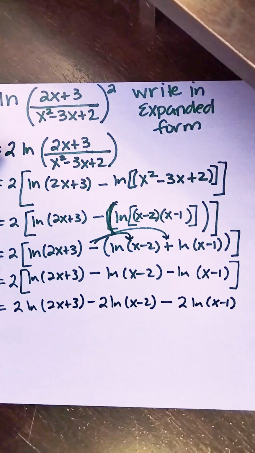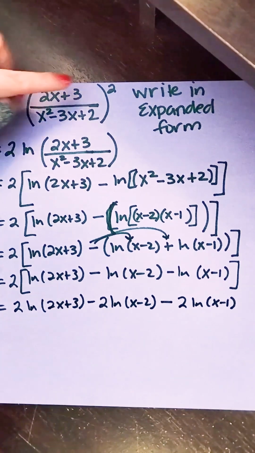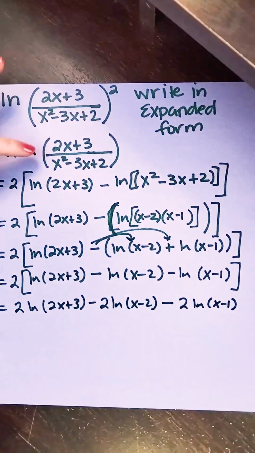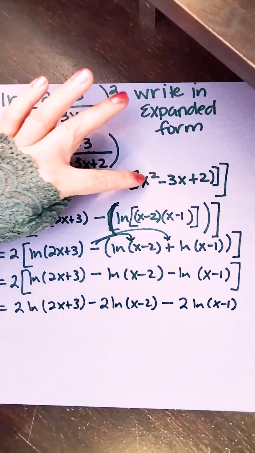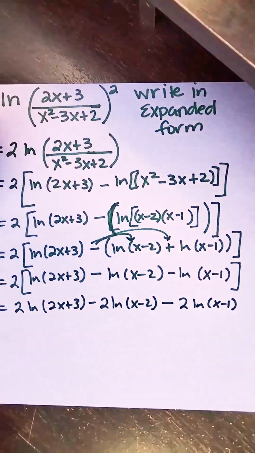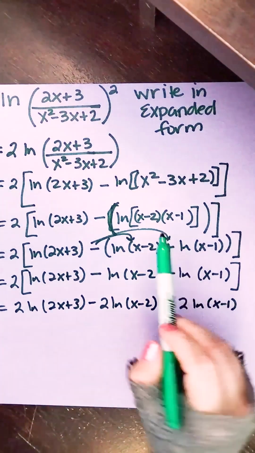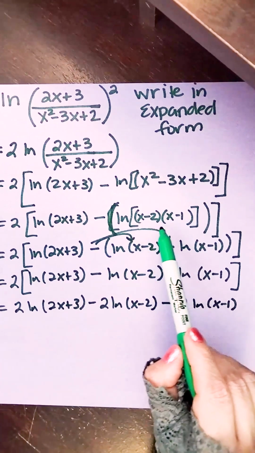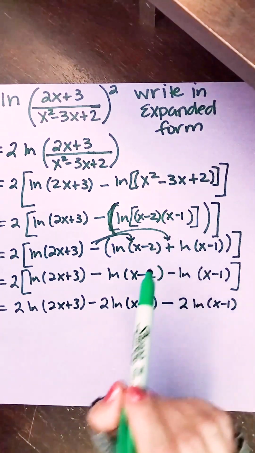Okay, so again, we use the power property of logs here in the first step, then the quotient property of logs, so I subtracted. And then here I factored. I noticed that this can be factored into two binomials, so I need to find two numbers that multiply to get positive 2, but add to be negative 3.